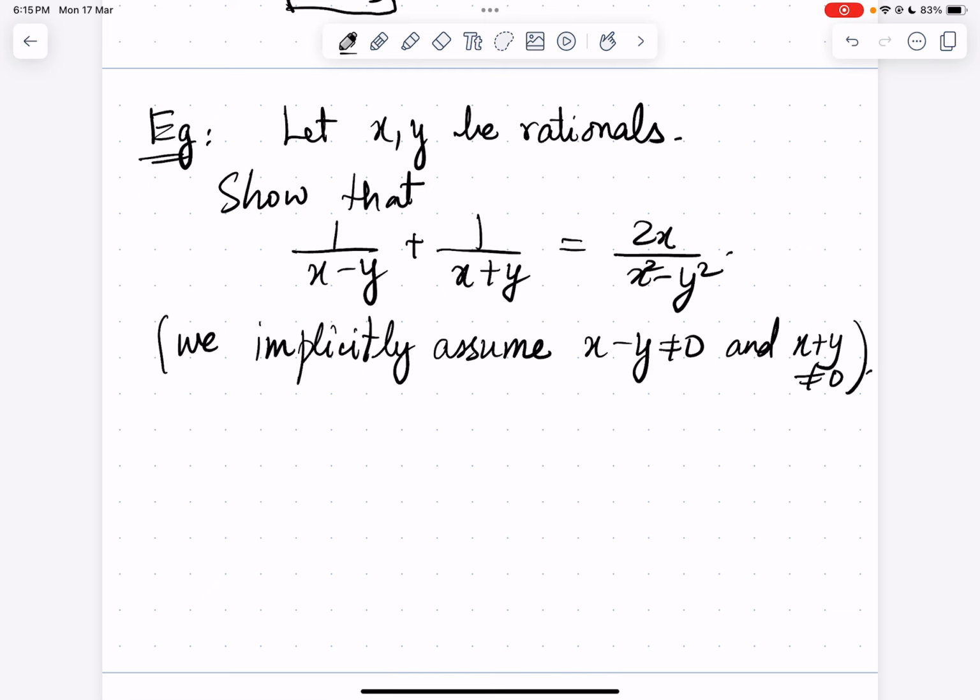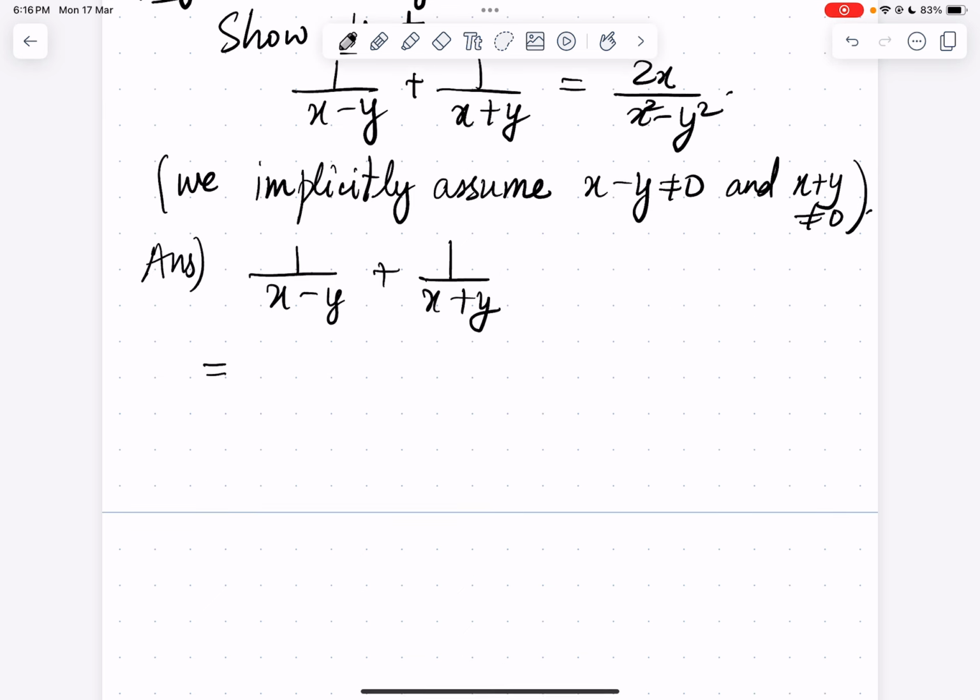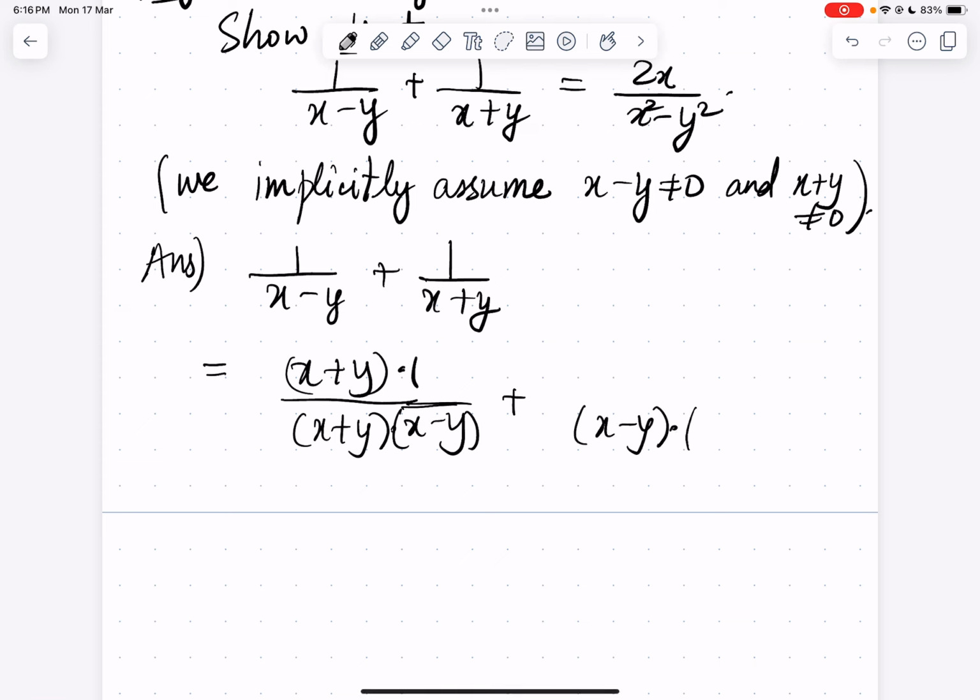Okay, so the answer is, see, 1 by x minus y plus 1 by x plus y, we can make sure they have the same denominator. So x plus y times 1 by x plus y times x minus y plus x minus y times x plus y by x minus y times 1.